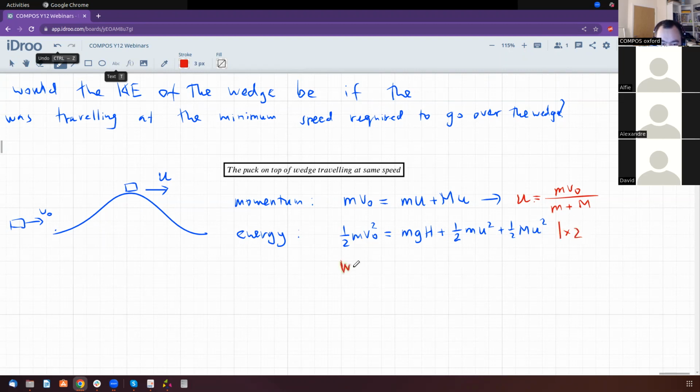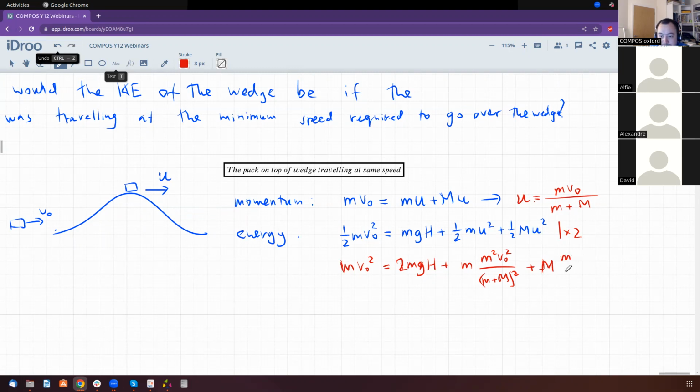m v0 squared is equal to 2mgh plus (m plus M) m squared v0 squared divided by (m plus M) squared.